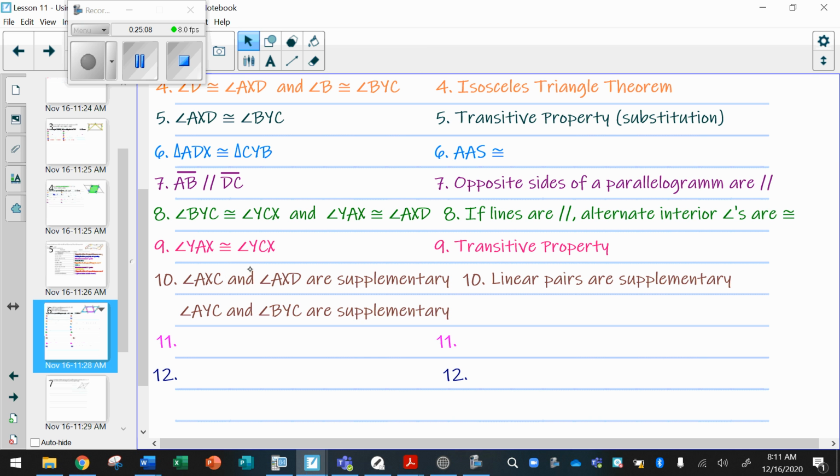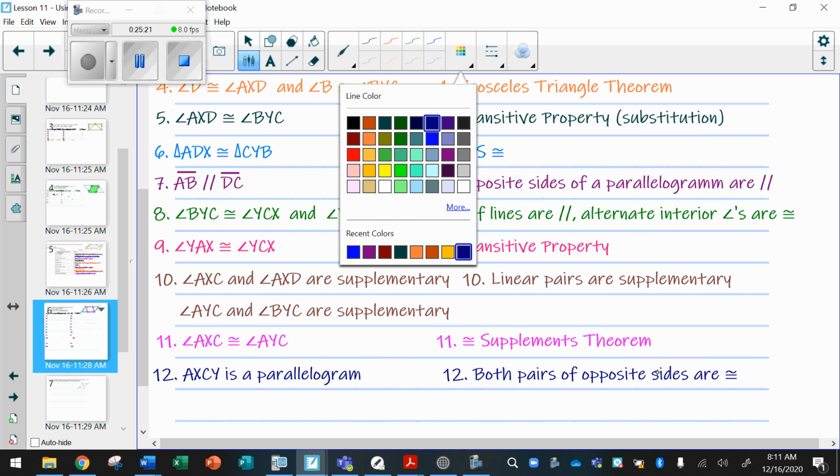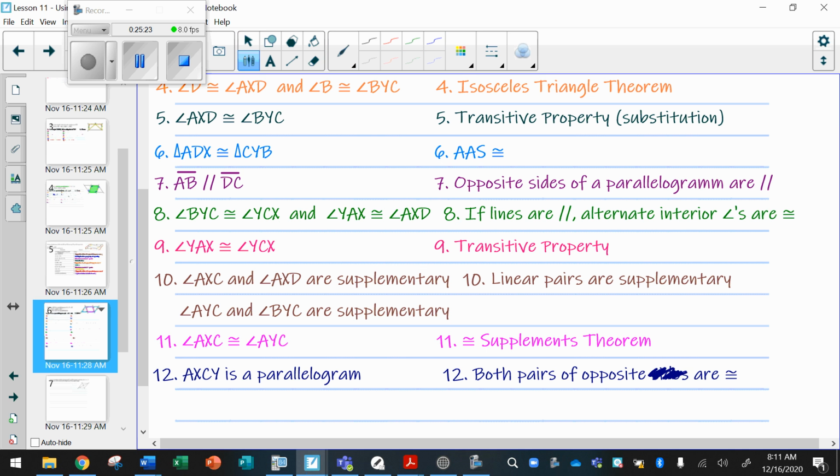And then I can use the congruent supplements theorem to get the opposite angles congruent, and then I have a parallelogram because both pairs of opposite angles are congruent. Angles, Mr. Stewart, angles. And there's proof number 5.